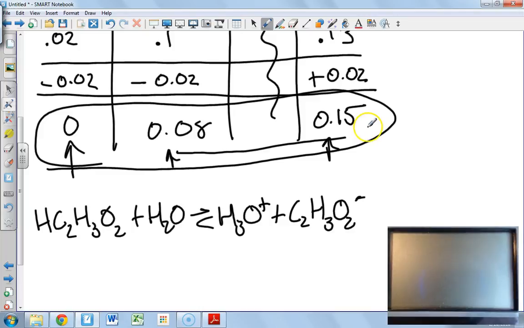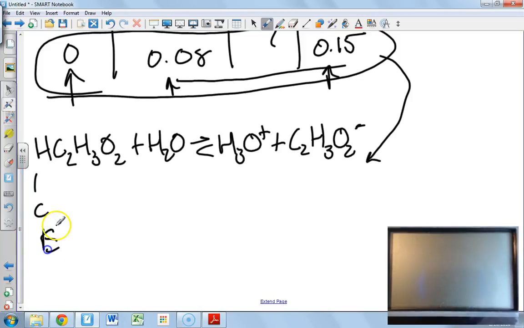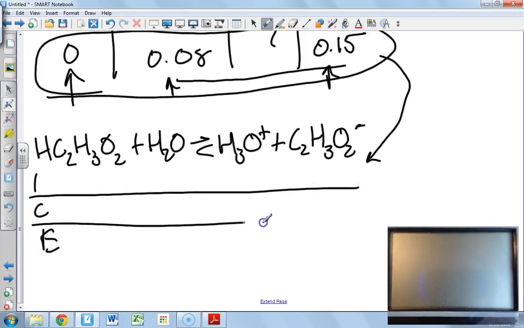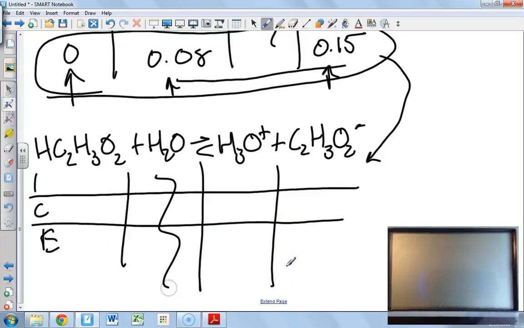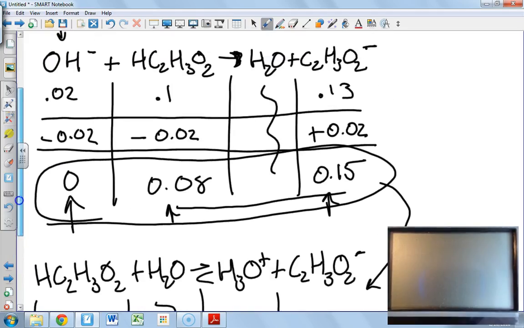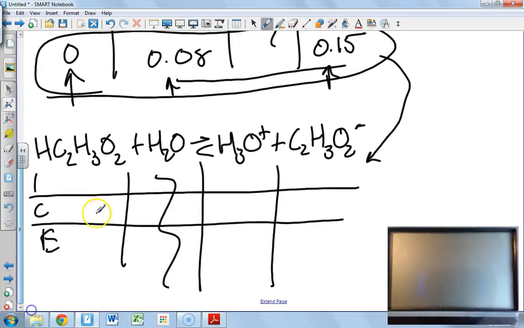And these values that we got here are the initial values that go into our ICE chart. So again, water doesn't matter. How much acid do we have? We have 0.08. Now we need it to be in molarity, right?